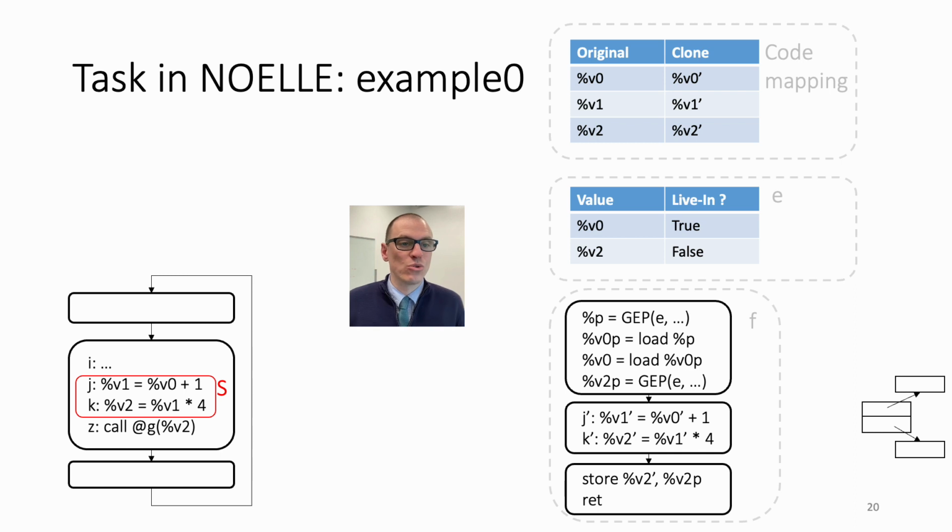Now let's go back to our first example where we made the design decision to have the environment object E be an array of pointers. In this case, we want to invoke this task while being consistent with this data layout. So how are we going to do it?